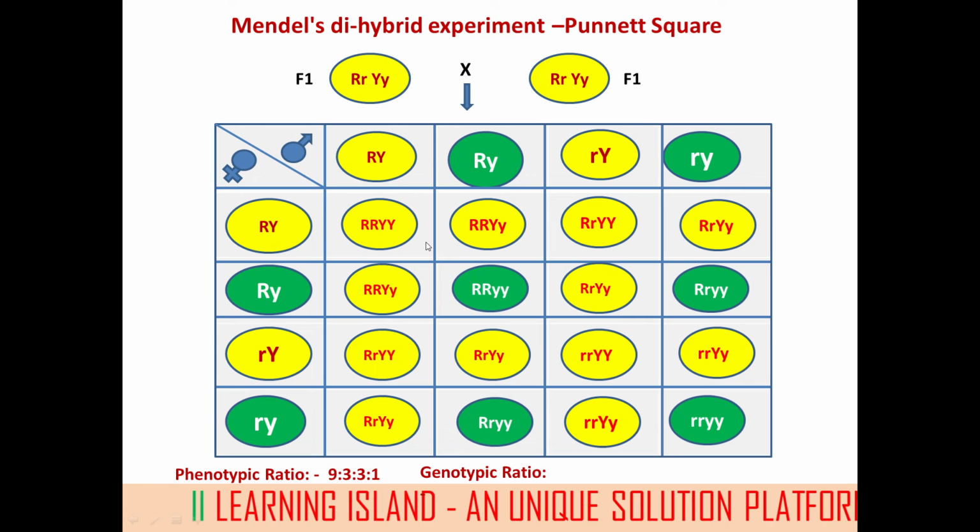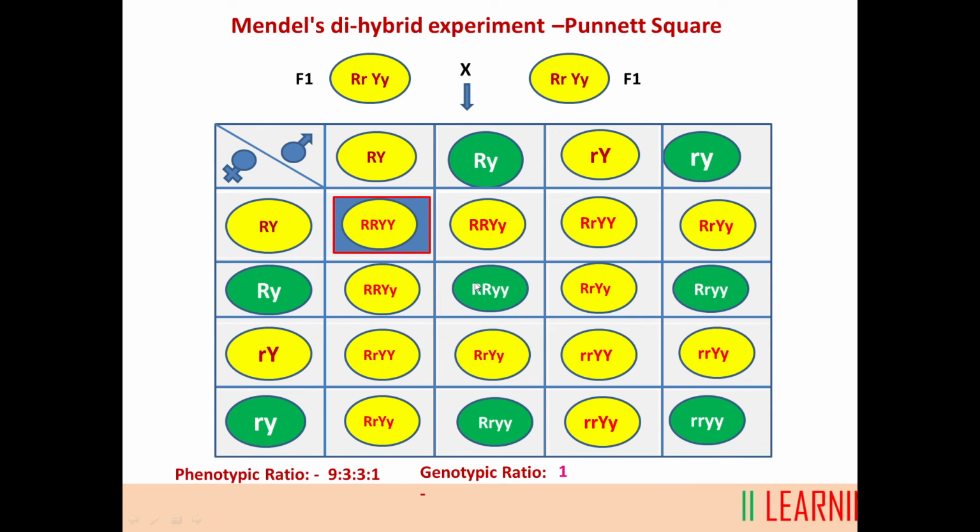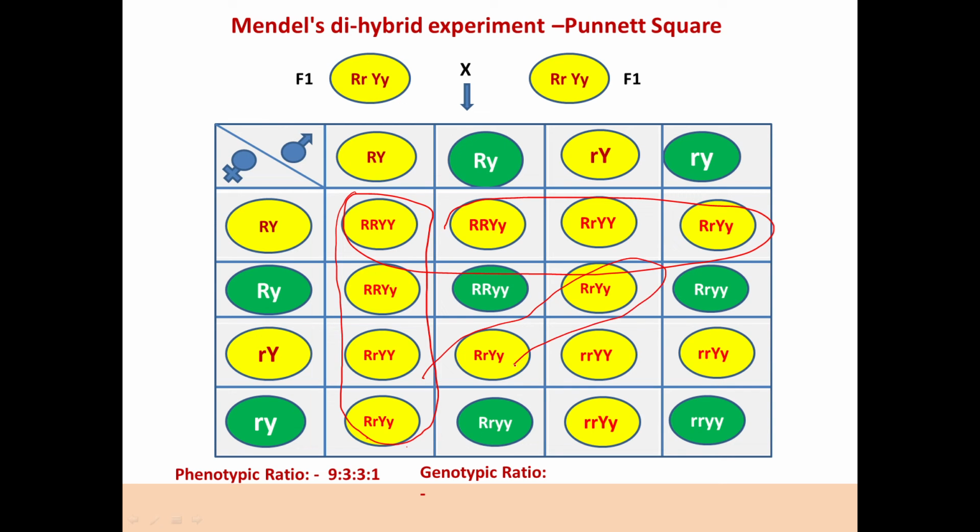Here you see, out of these 9, if I take the genotypic symbol, this is the phenotypic first 9.